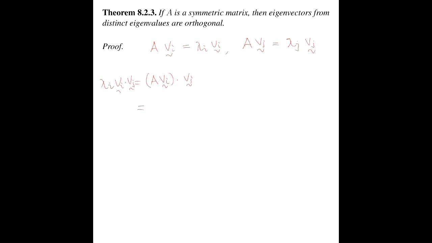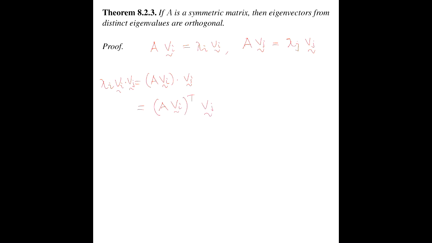So then this is a dot product between two vectors. If we write this in terms of matrix multiplication, that would be (A Vi) transpose. This is a vector, but we need to transpose it. This is another vector.